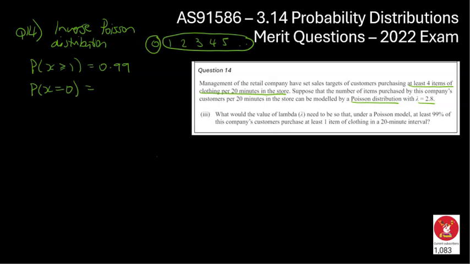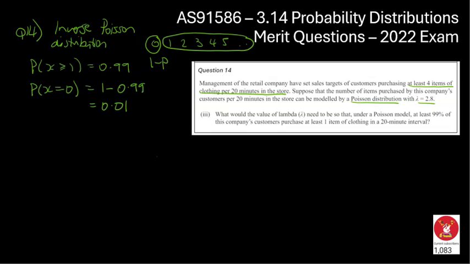So we can actually use the 1 minus p trick to find that probability of 0. So that means the probability of 0 is going to be 1 minus 0.99, which will be equal to 0.01, or 1% of the time it's okay for someone not to purchase anything during that 20-minute interval.